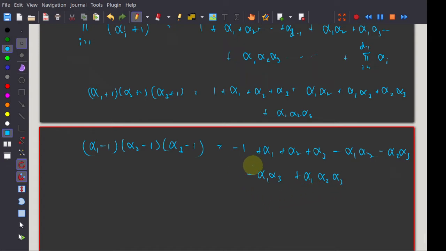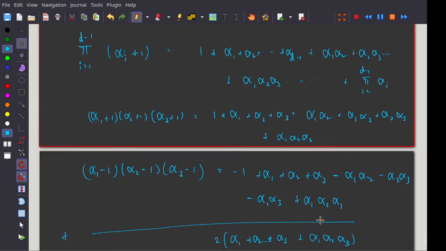All right. So now if I sum these two, what do I get? I get 2 times (alpha 1 plus alpha 2...), correct?